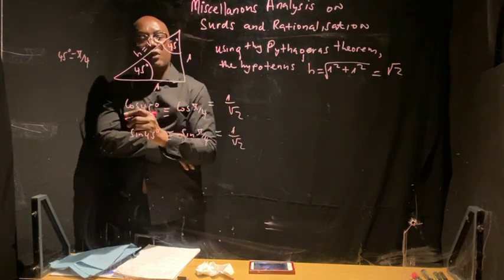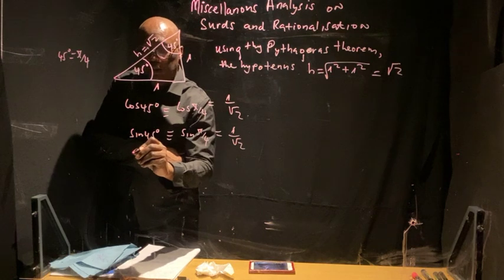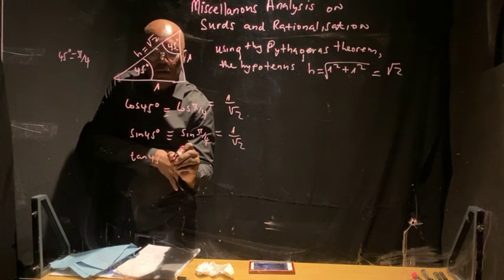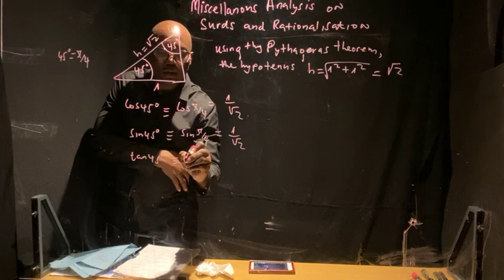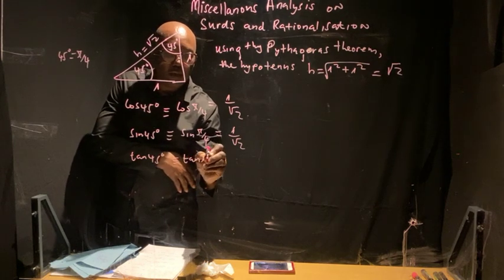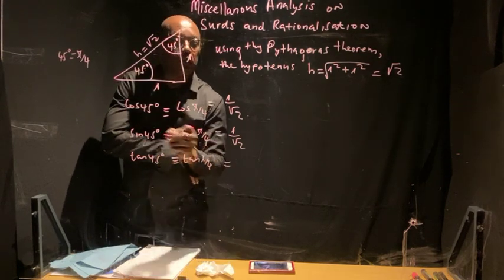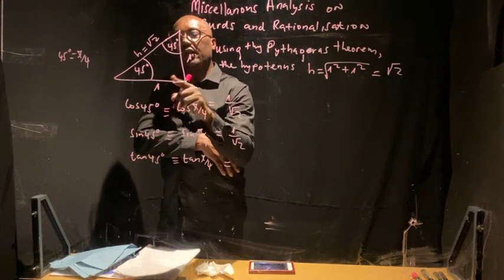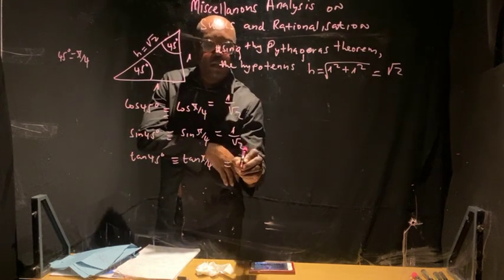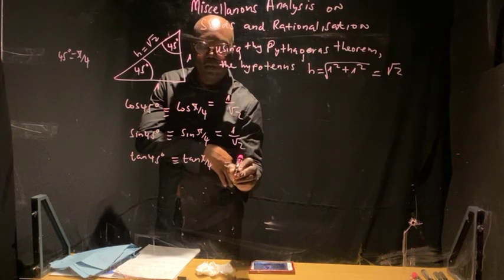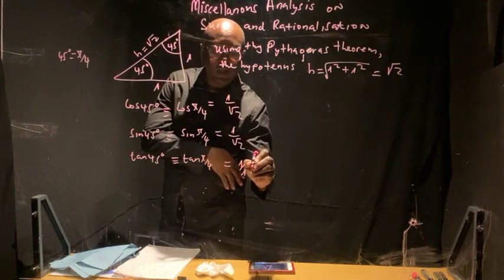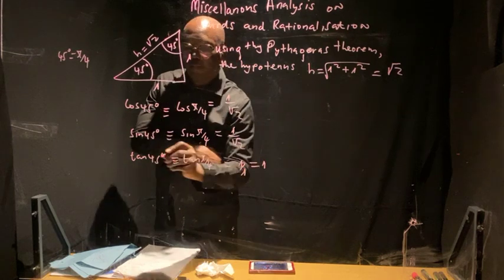Okay, and you can see that tan 45 degrees is equal to tan pi by 4 is equal to opposite over the adjacent, which is 1 over 1, which implies that tan 45 is equal to 1.